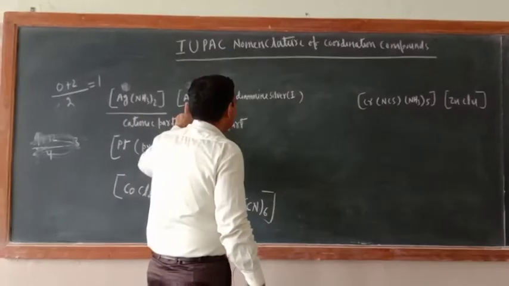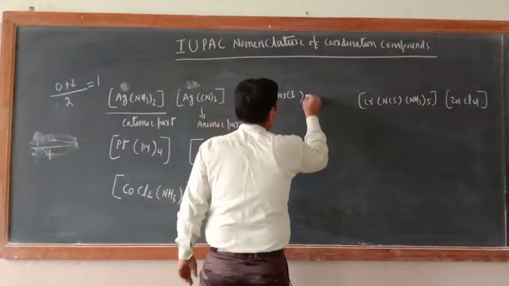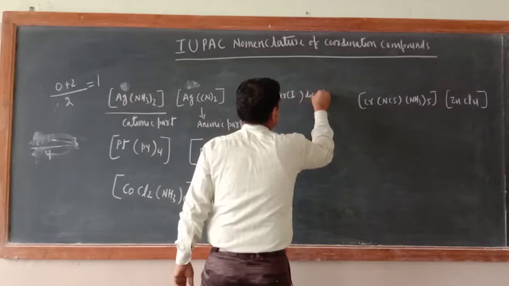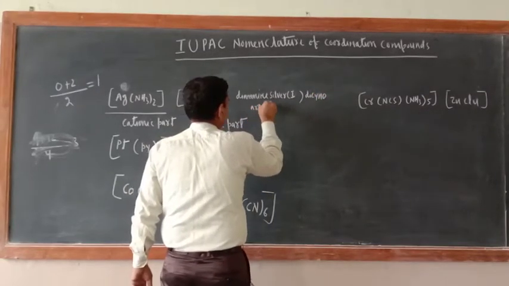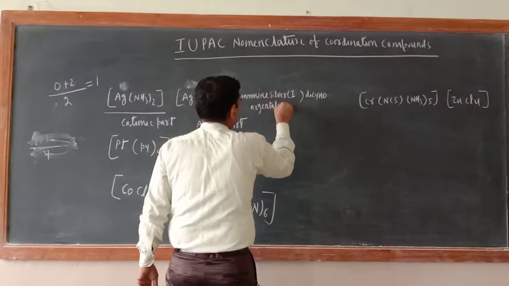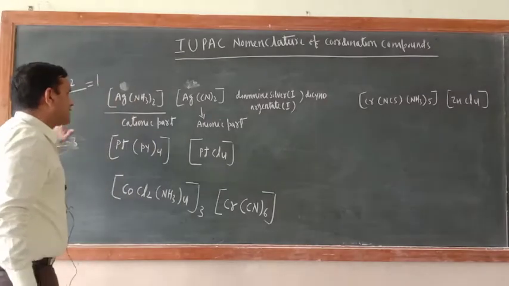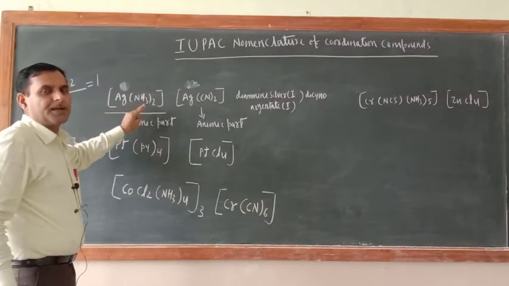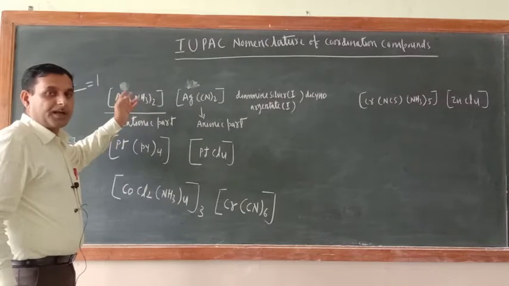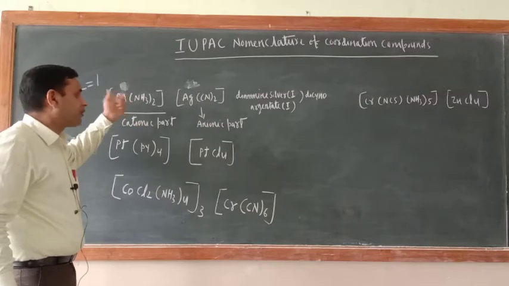So diamine silver first, and this is the anionic part, so again dicyano argentate first. The name is over. What we did here is that the oxidation state should be equally distributed. It may become unequal, but you have to distribute equally.